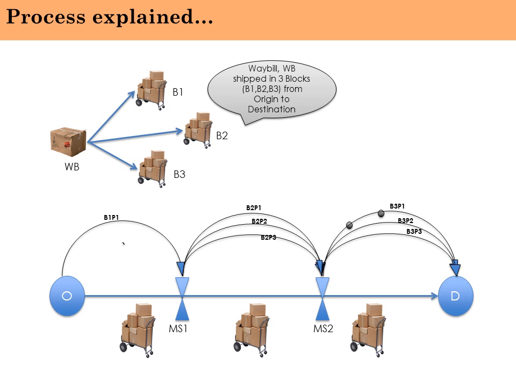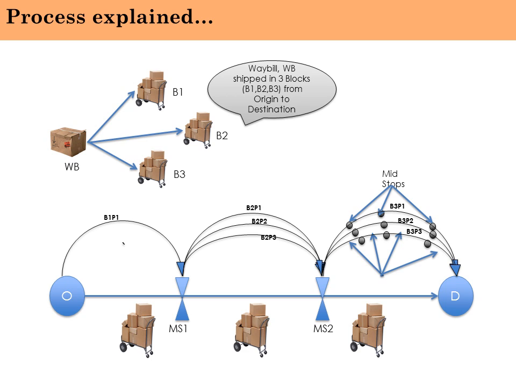In our example, block paths B1 P1, B2 P1, B2 P2 and B2 P3 have single train segments, but for block paths B3 P1, B3 P2 and B3 P3, there are three trains assigned to each path to cover the distance between MS2 and destination D. So here you can see these are the mid stops or mid stations, and these four are the train segments for these block paths.